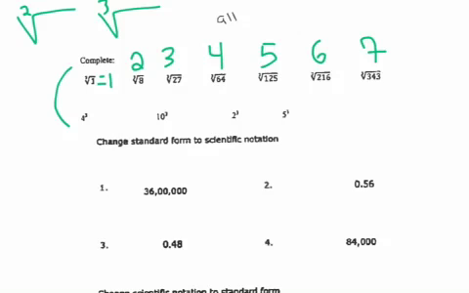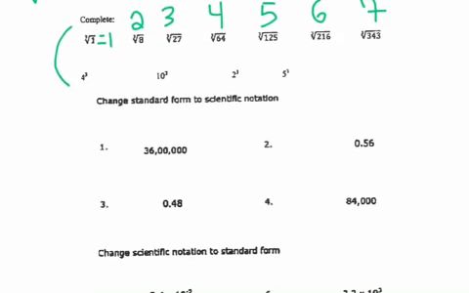Like I said, I already started you off, and I'm going to continue to do a few more problems on this page. So for example, if we look at question number 2, 0.56 written in scientific notation, all you have to do literally in your calculator is make sure you're in scientific notation mode.